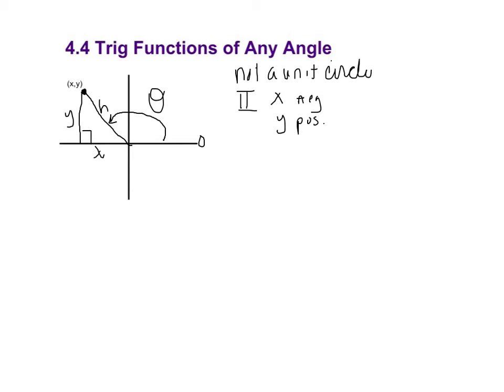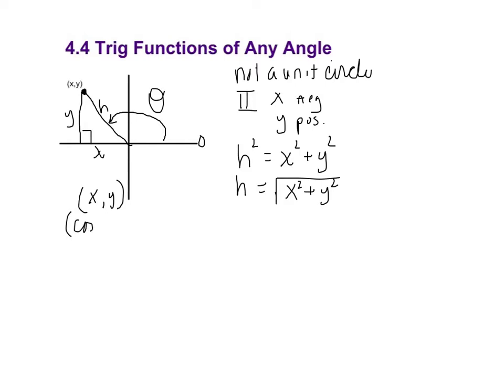I can find the length of h using the Pythagorean theorem. So h squared is going to be x squared plus y squared, and h, or the hypotenuse of that triangle, will just be the square root of x squared plus y squared. So we have 3 sides of a triangle. We also know that the xy coordinates also correspond to the cosine and sine of an angle.